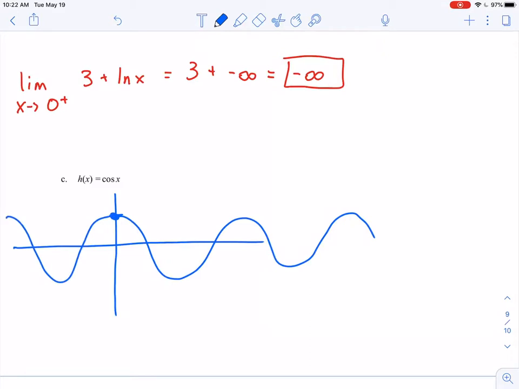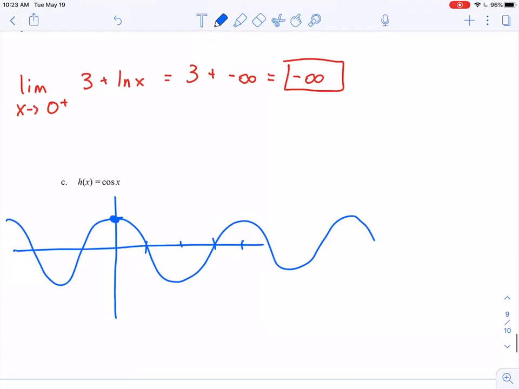Now, I don't need to be too detailed about the x values of the intercepts and the max and min values, because at the end of the day, what I'm interested in is the end behavior of this function. So if I want to look at the end behavior, I might need to start by thinking about the domain. The domain of cosine of x is just negative infinity to positive infinity. There is no restriction on our domain.